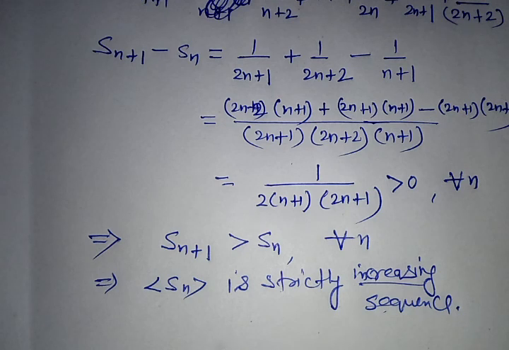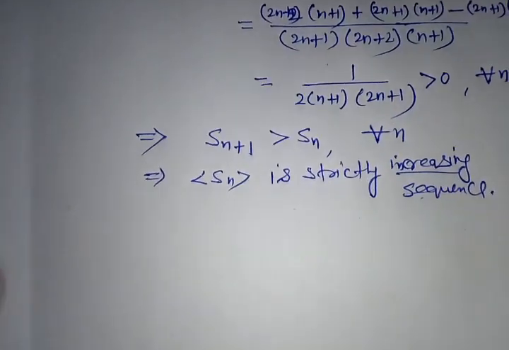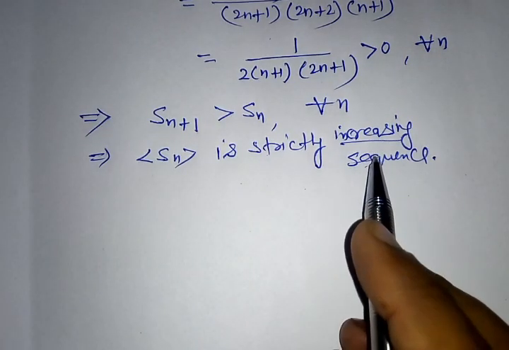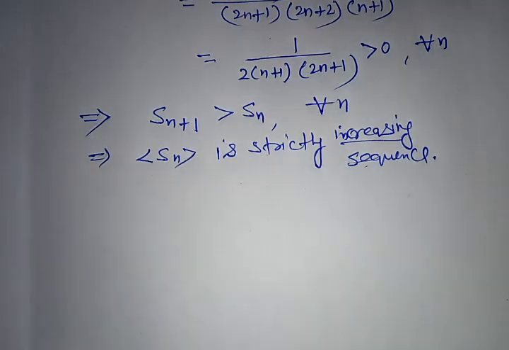If it is a monotonically or strictly increasing sequence and it is bounded above, then it is convergent. So now we will try to find its upper bound. So how can we find its upper bound?